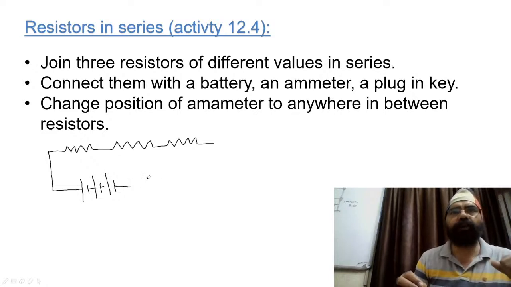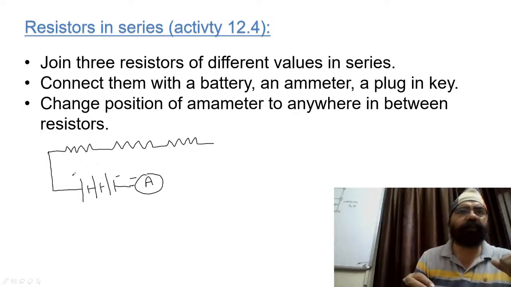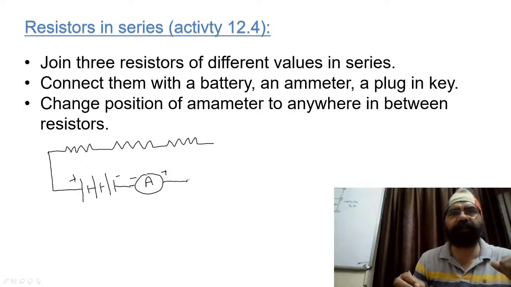Next, I connect an ammeter over here. This is the negative and this is the positive of the ammeter. And then I connect a plug-in key, and the key is closed.